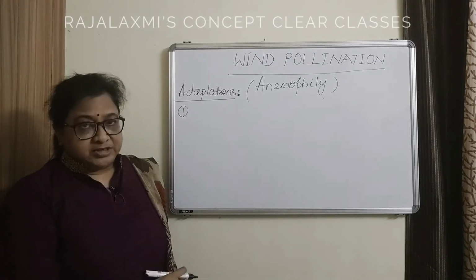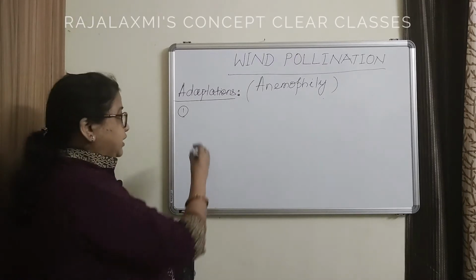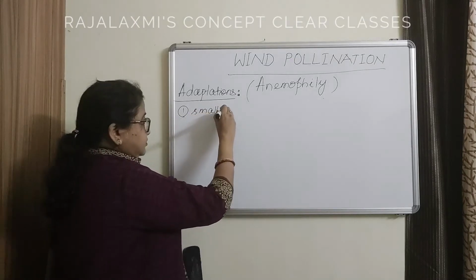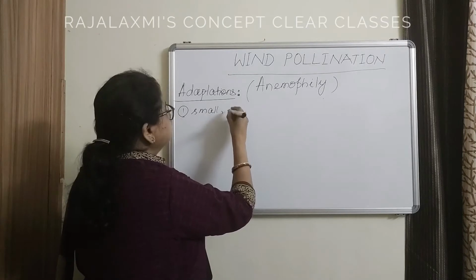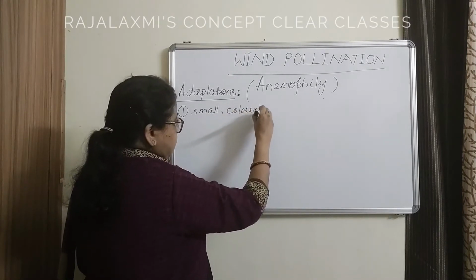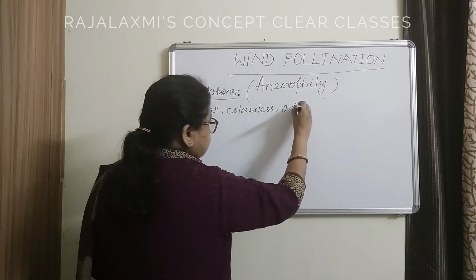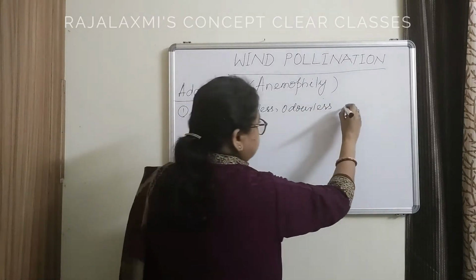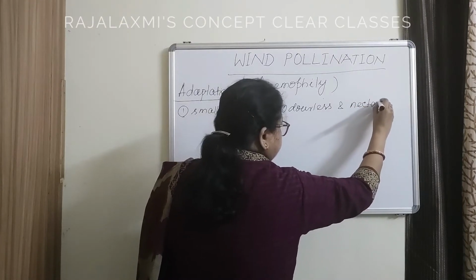The first adaptation of these wind pollinated flowers is that the flowers are small, colorless, odorless, and also nectarless.